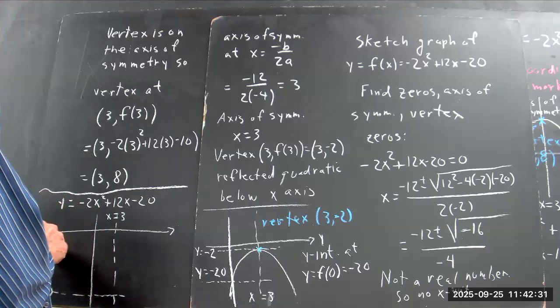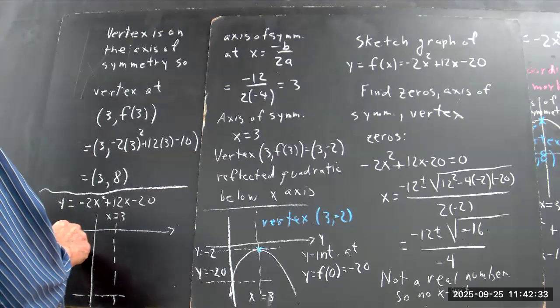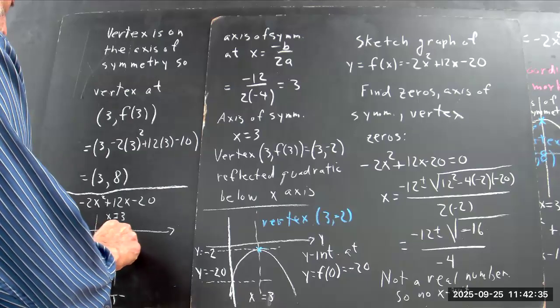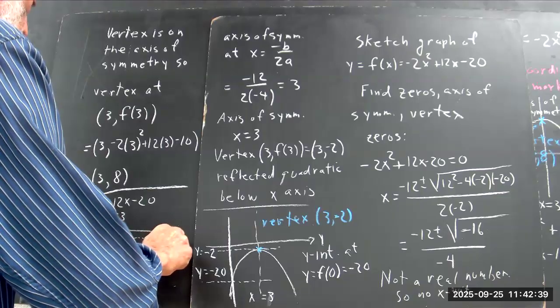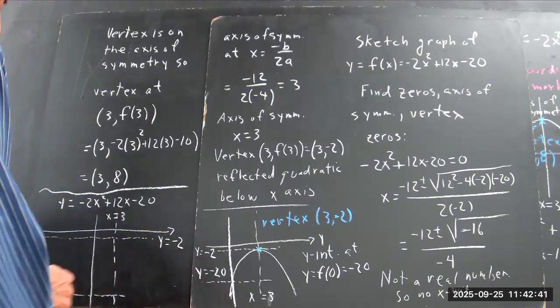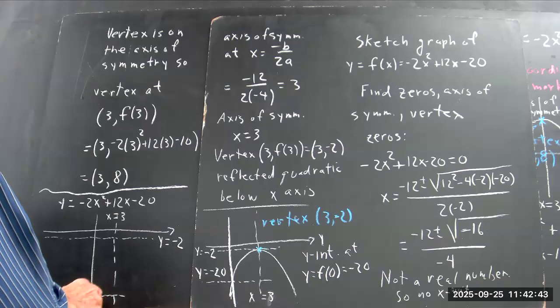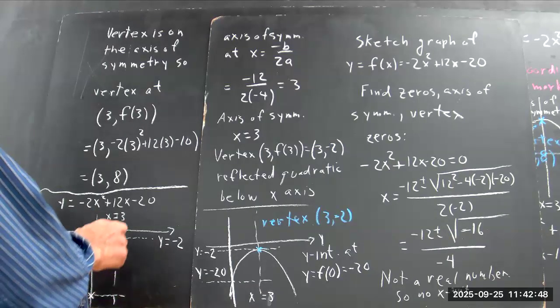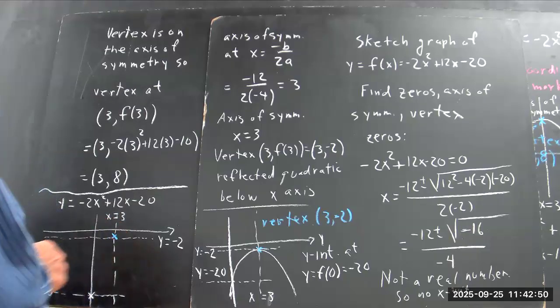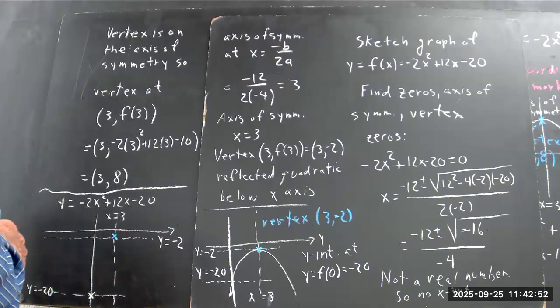So I'm going to say that y equals -2 is about here. So my y-intercept is here. My vertex is here. And now I can draw a parabola.